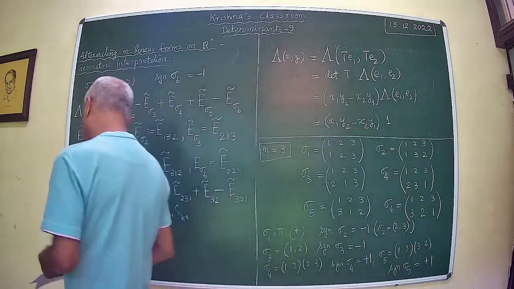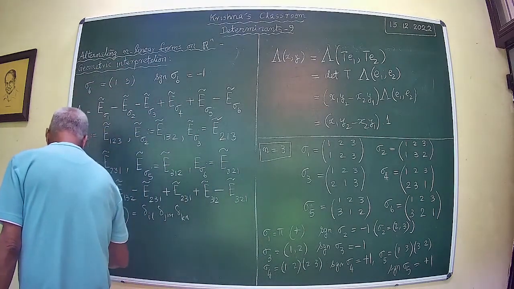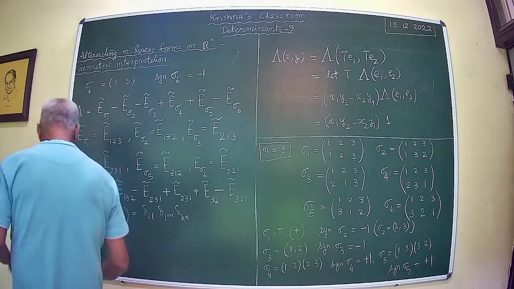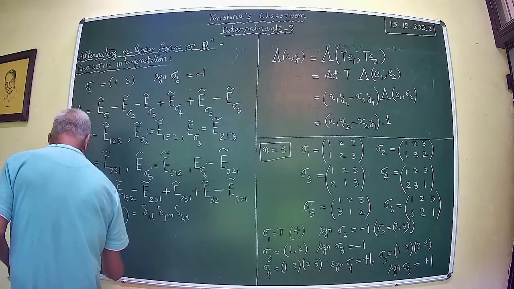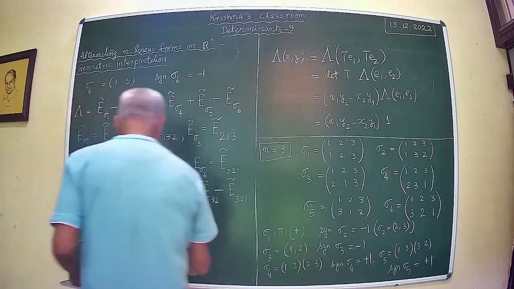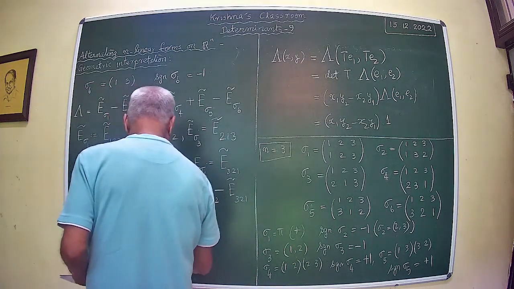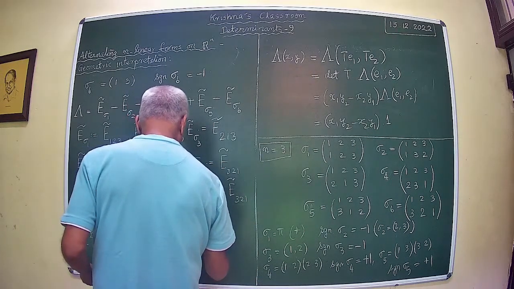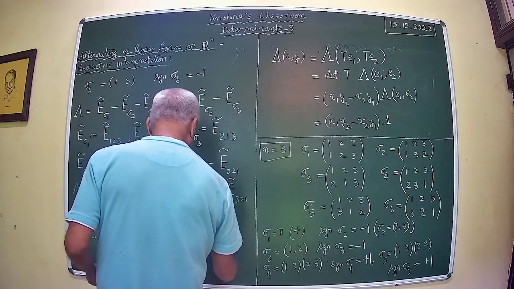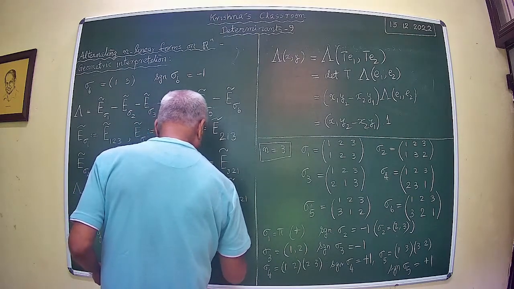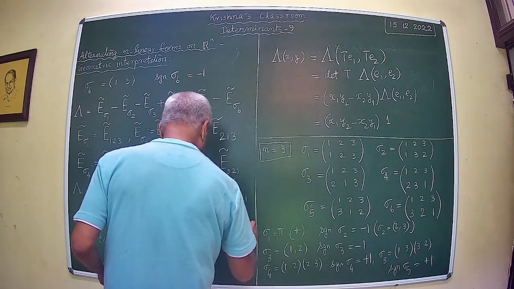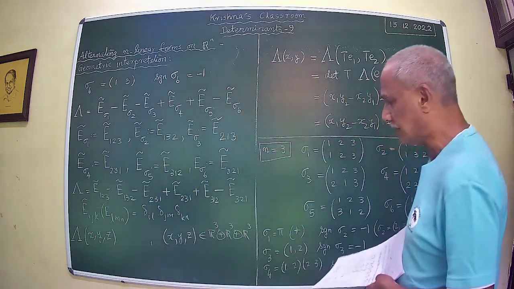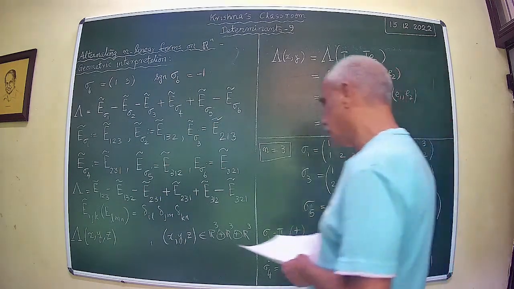Now we shall use this to compute lambda of x, y, z, where x is in R3, y is in R3, z is in R3.